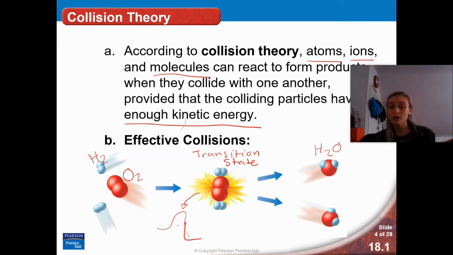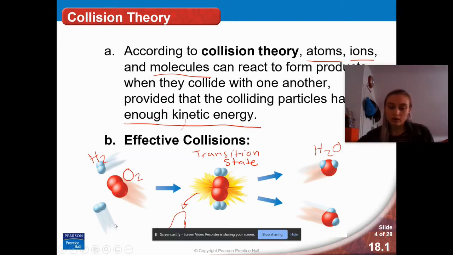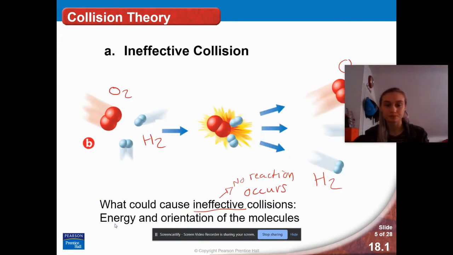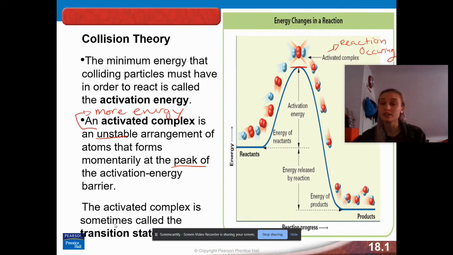Okay, so you got over the activation energy and you're at your activated complex. So we can go back to this, and I already said reaction occurring, but you can also put here transition state. So that's actually what's happening there.